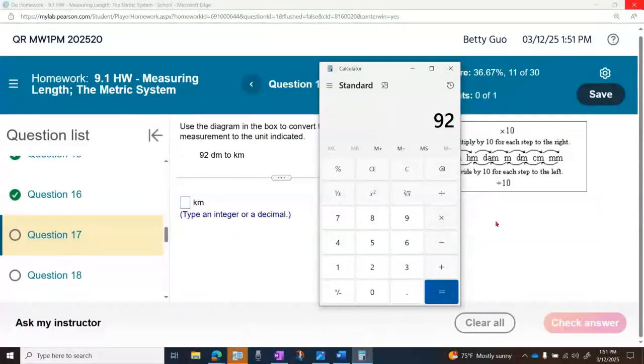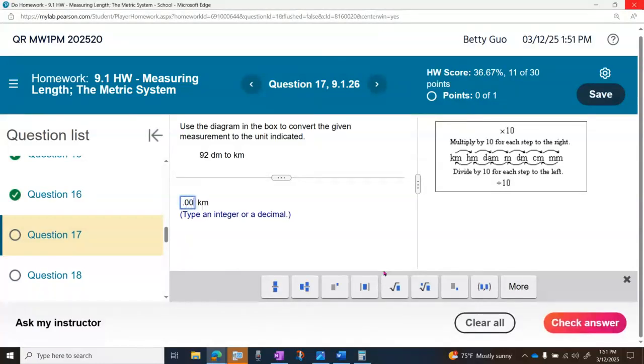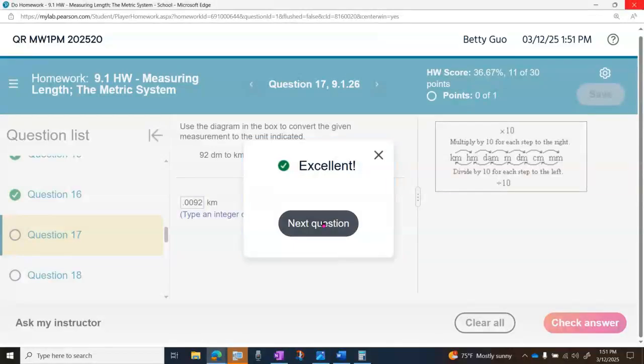So divide by 10 four times. Divide by 10 one time, second time, third time, another time, 4 times. The answer is 0.0092. Done.